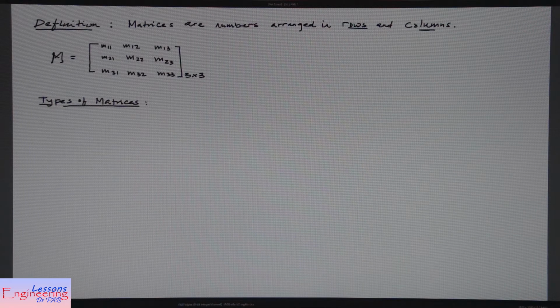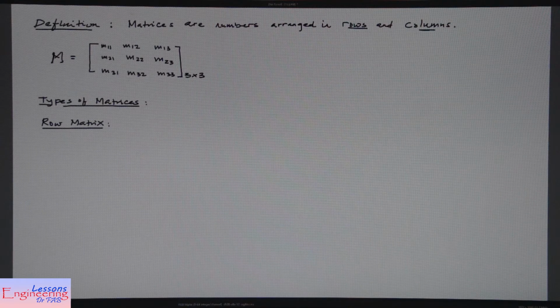First one we need to look at is row matrix. So a row matrix, as the name indicates, is made up of only a single row.